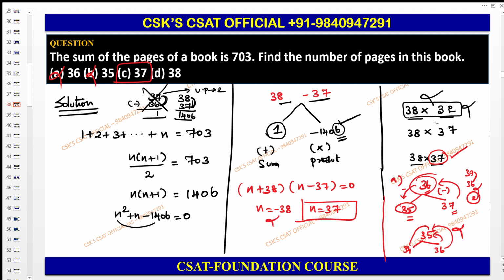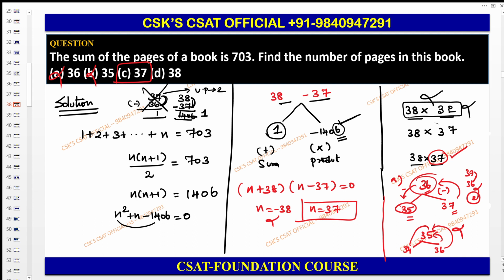Then, the product contains negative. So, therefore, here we are subtracting. Therefore, you are getting 1. Therefore, minus 37. Now, multiplying plus into minus, minus 1406. Then 38 minus 37 is equal to 1.